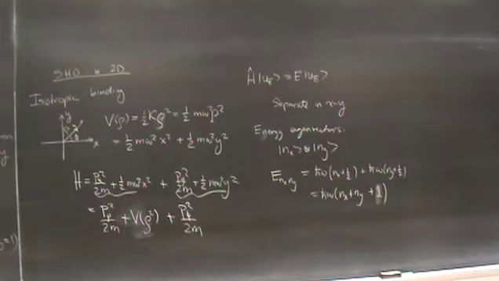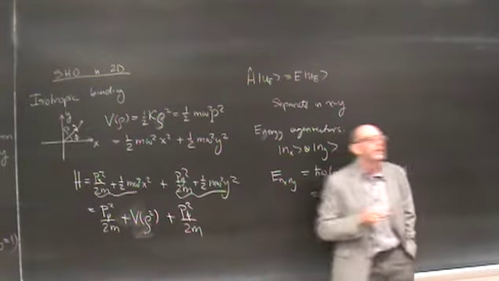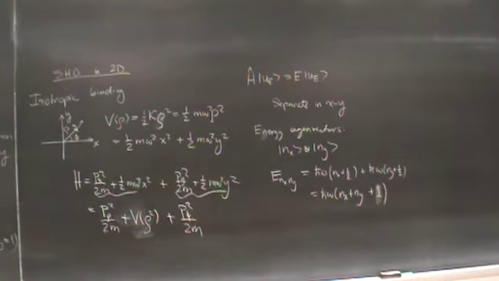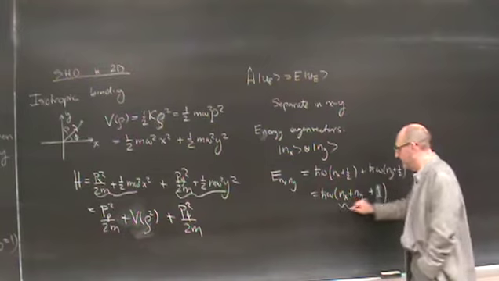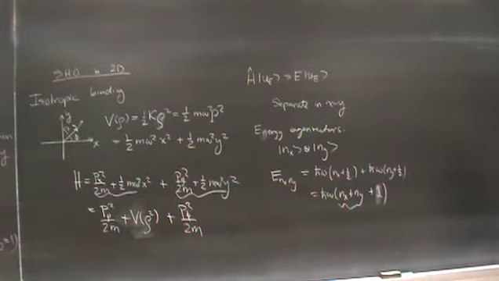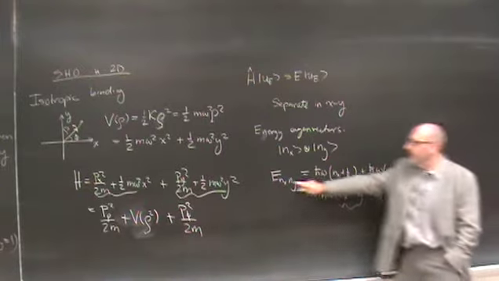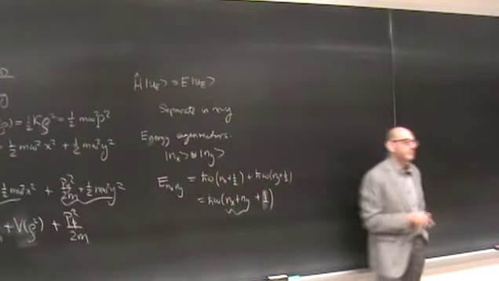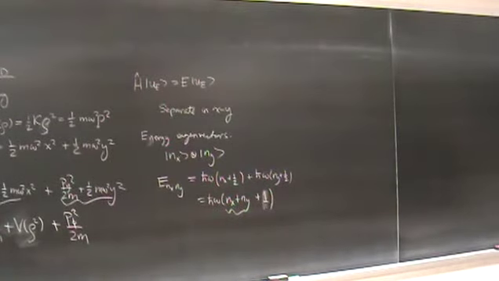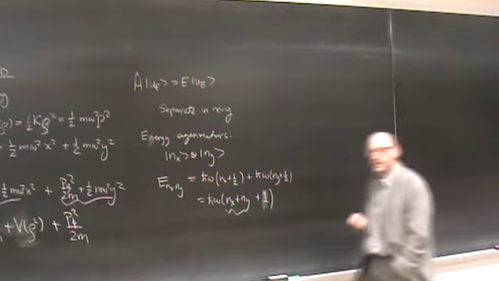Now, we see in this case that the energy eigenvalue doesn't really depend independently on nx and ny, but only depends on the sum. Whatever the sum is determines the energy. So any pair of eigenvectors which have the same sum have the same eigenvalue of energy.